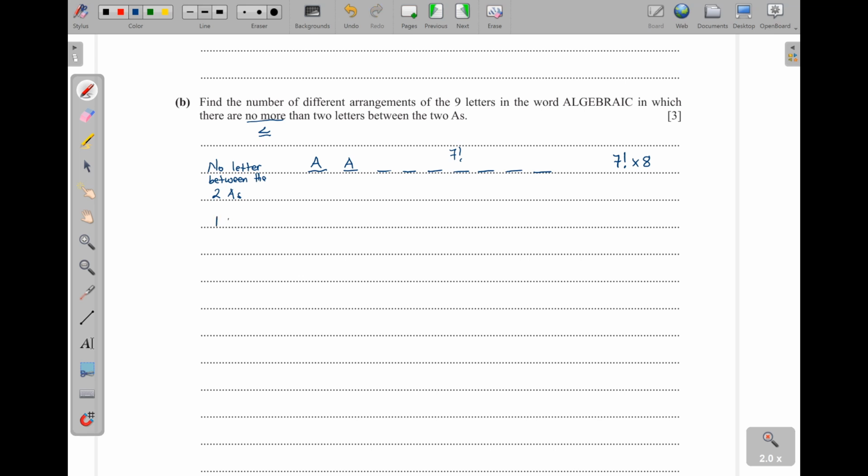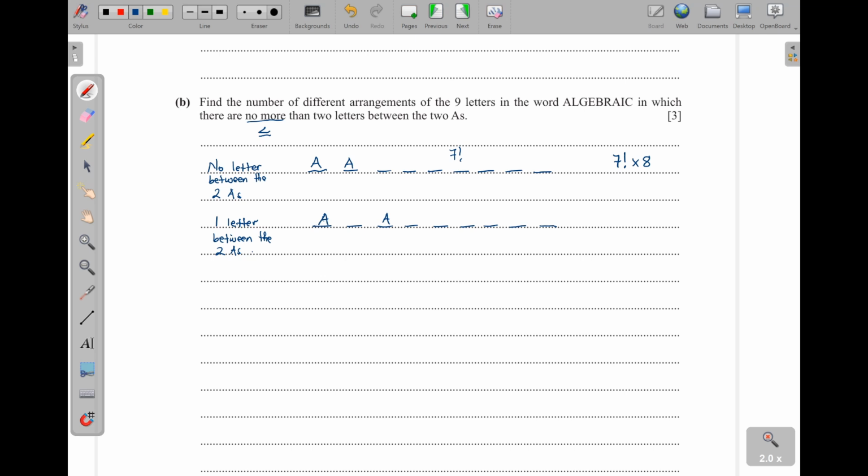If we have 1 letter between the two A's. 1 letter between the two A's. So we have 1, 2, 3, 4, 5, 6, 7, 8, 9. So I have an A here and an A here.